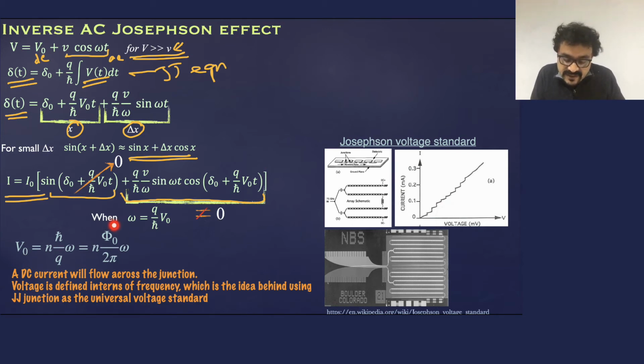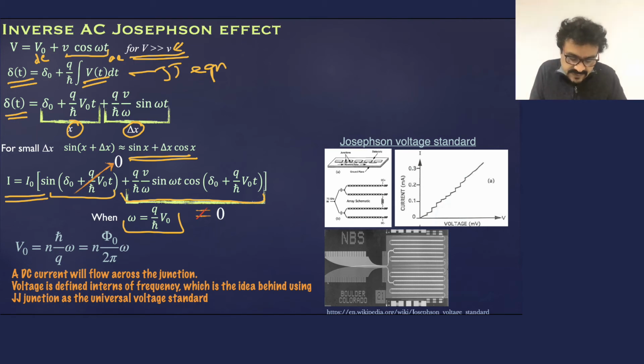Whenever this condition is met, this term will be non-zero. So that means you have some kind of a resonant condition where, when the applied DC voltage and the frequency of the AC voltage satisfy this relation, then you have a non-zero current flowing through it.